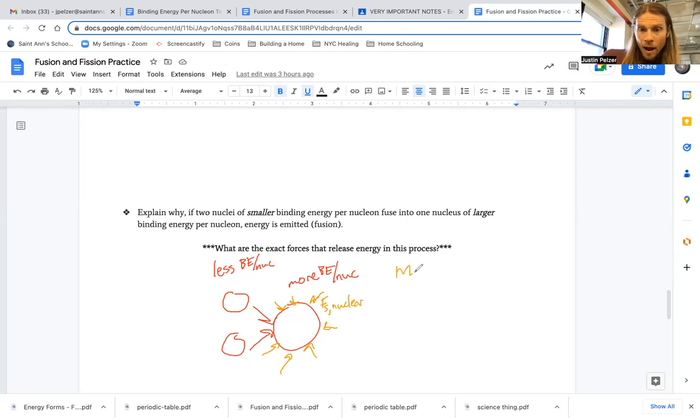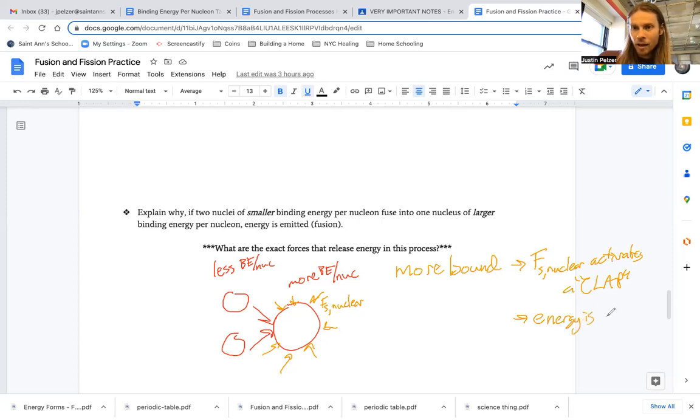So more bound, I would write this down along with this picture. More bound means the strong nuclear force activates a clap, a bringing together, like a smashing of magnets or a smashing of two cars or something. And that means that energy is released in that clap.